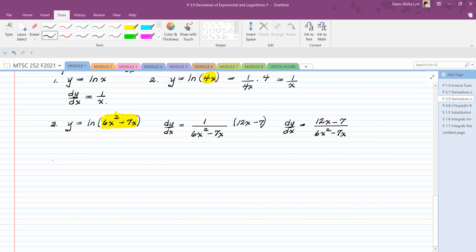Okay, so here's a problem. Y is the log of the sine of x. So I want you to find dy dx.